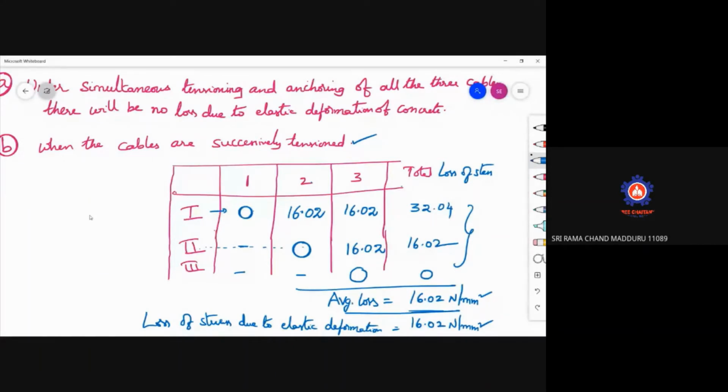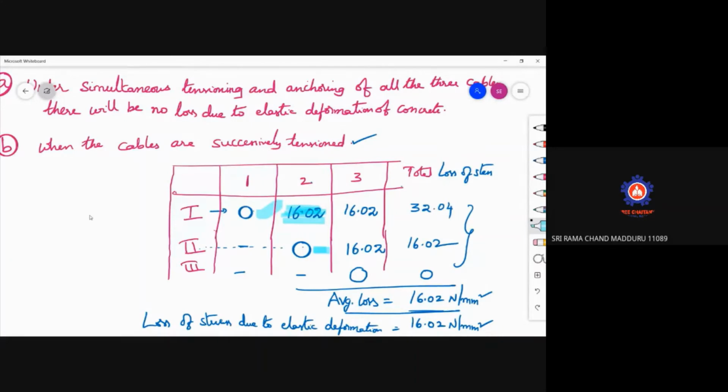You need to understand that in the case of post-tensioning, the cables are successively tensioned, not simultaneously. Tensioning is done one by one, and it affects the previous tendons. When you are doing the first one, the loss is 0. But when you are doing the second tendon, its own loss is 0, but it will give a stress loss of 16.02 for the previous one.